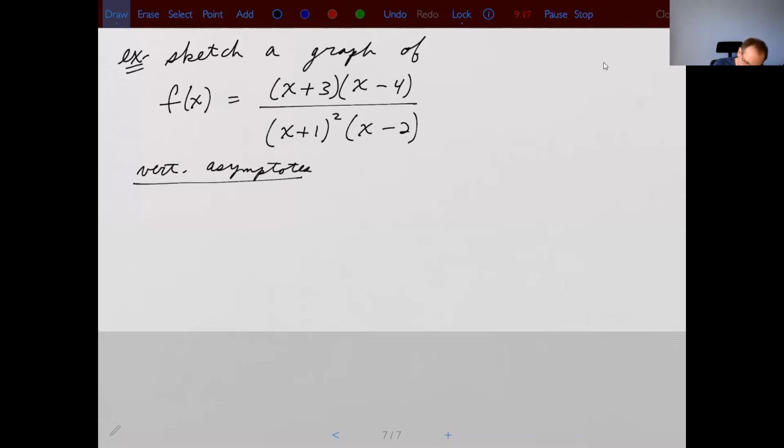So I could set my denominator equal to 0 and solve for x. And you can see here that one vertical asymptote is going to be at the line x equals -1, and the other one will be the line x equals 2. Okay, so those are our vertical asymptotes, right? They come from setting the denominator equal to 0.